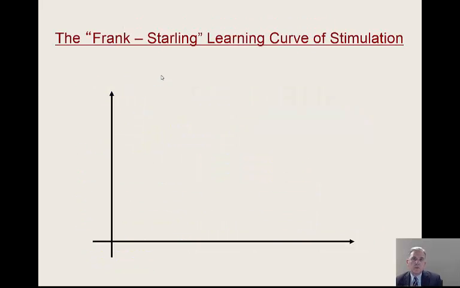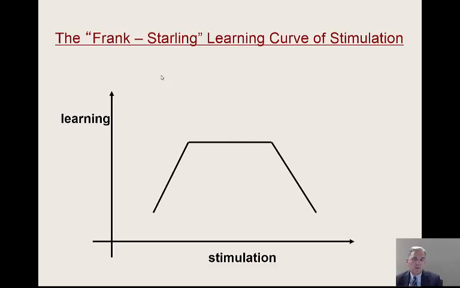These four different components, stimulation, involvement, respect, and admitting limitations, help us to decide how much stimulation is needed to achieve learning. We sometimes use the analogy here with the Frank-Starling curve of congestive heart failure, in which if there's not enough blood or too much blood in the ventricle, the heart doesn't pump adequately.